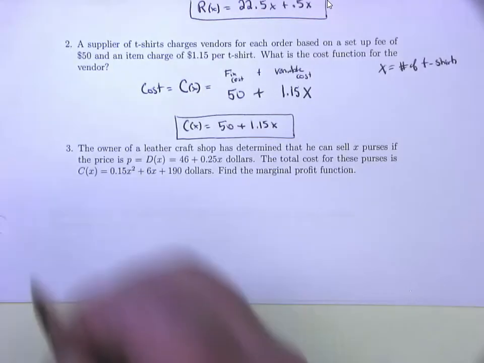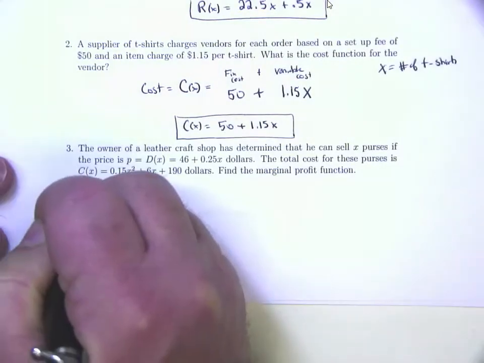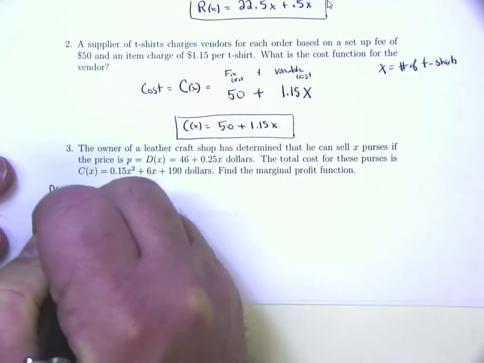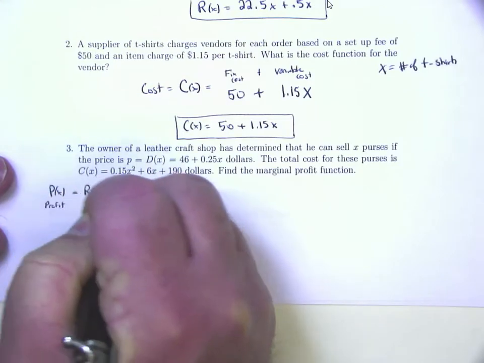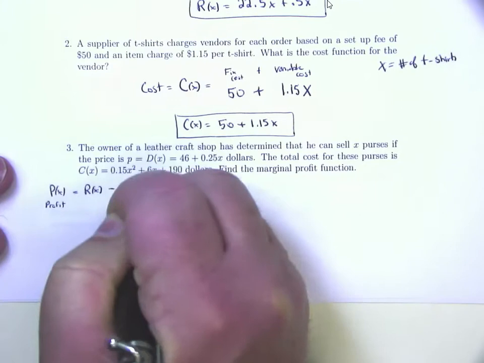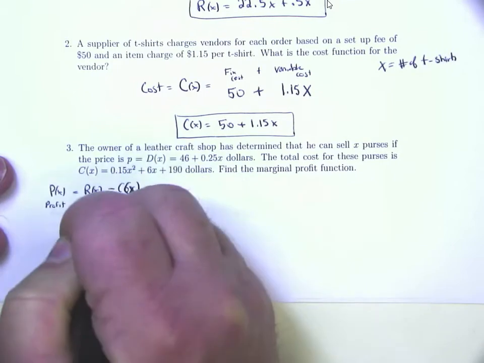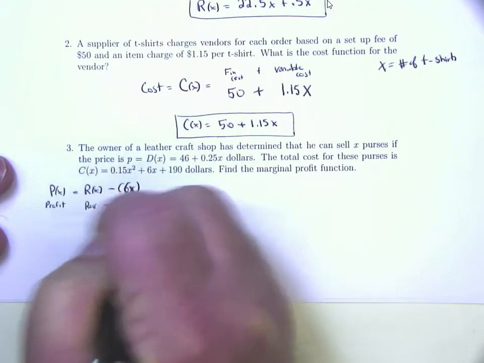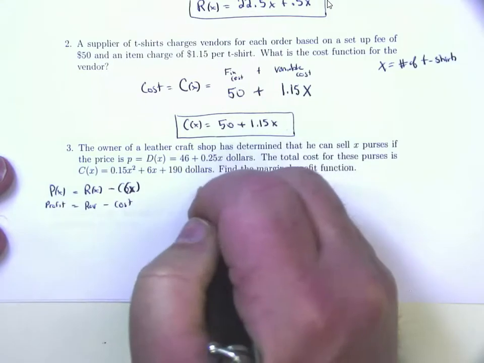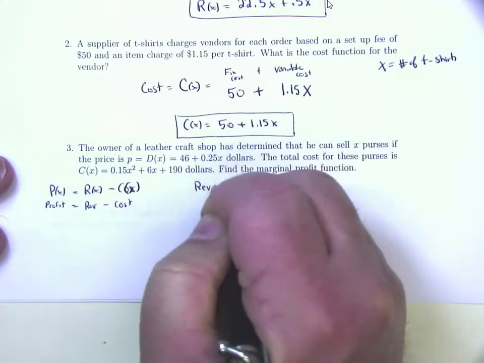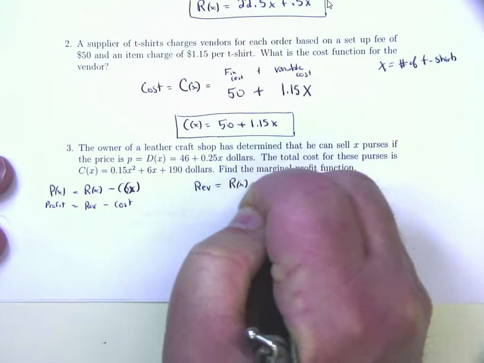So profit is equal to revenue minus cost. I first have to come up with revenue. What's my revenue equation? R of X. What's that equal to?